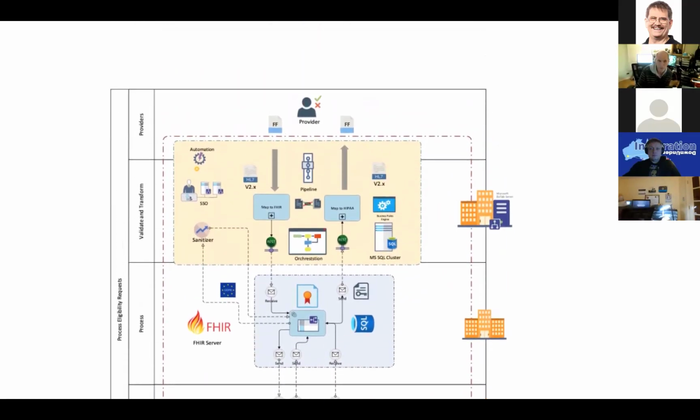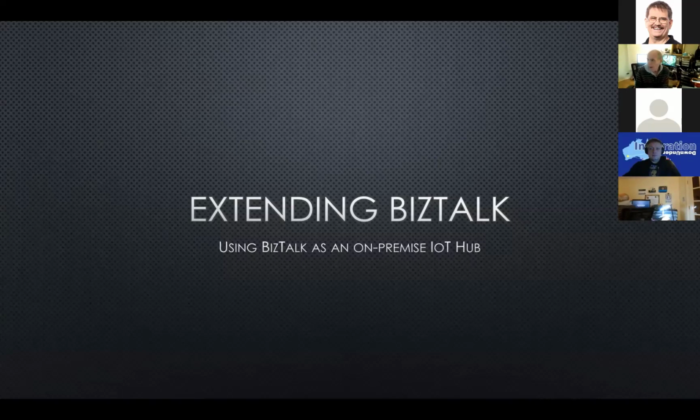And a little animation. Now, extending BizTalk and using BizTalk as an on-premise IoT hub. I made some changes with this because I discovered a few things. One, I created an MQTT extension, and I'm able to send an MQTT message and receive one back.